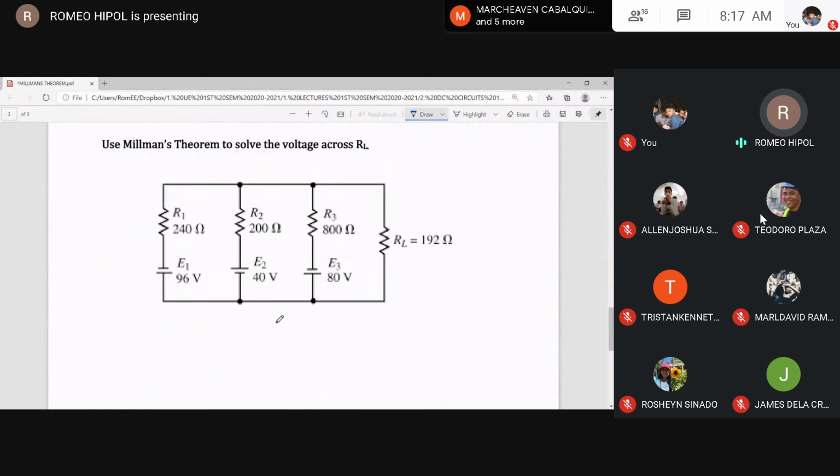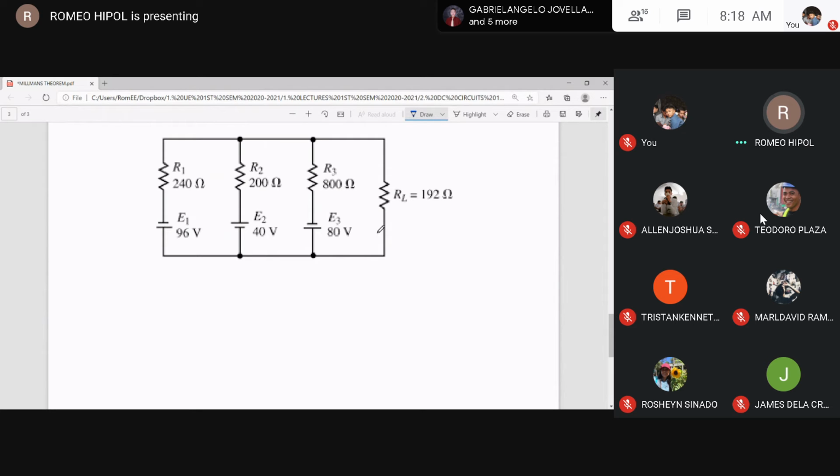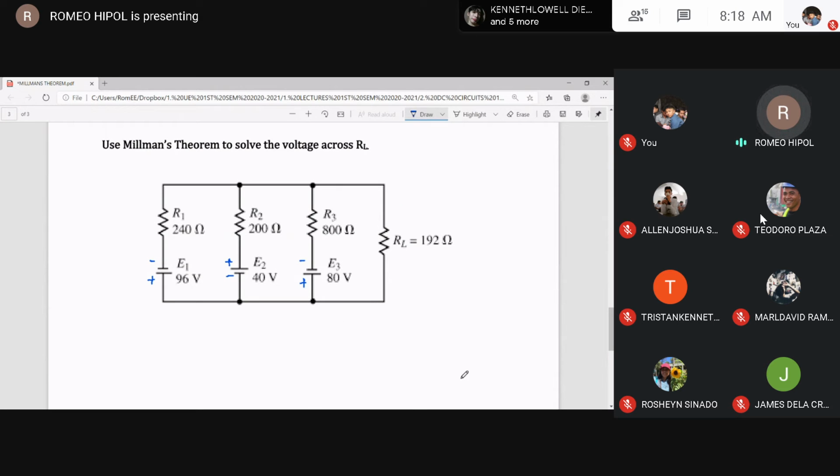Okay, let's try another problem. Use Millman's theorem to solve the voltage across RL. In this case, we have four branches. The polarities of the given sources are negative, positive, positive, negative, negative, positive. So solve the voltage across RL.